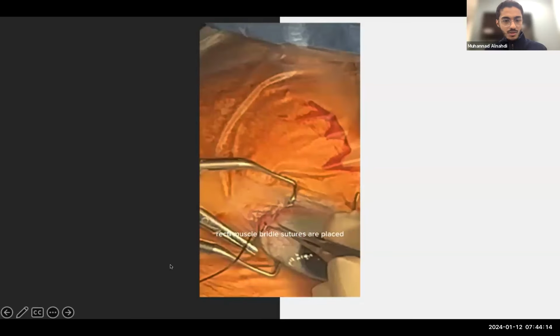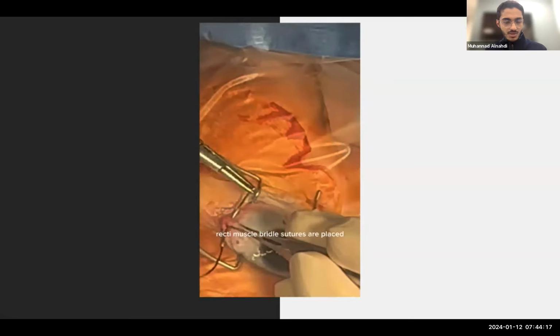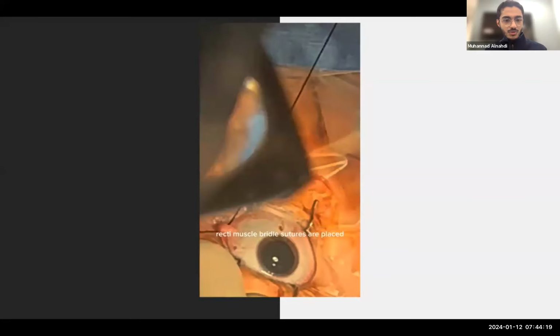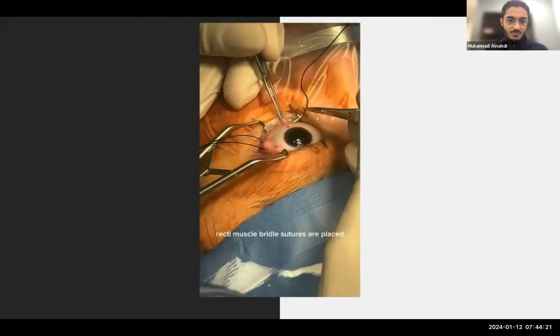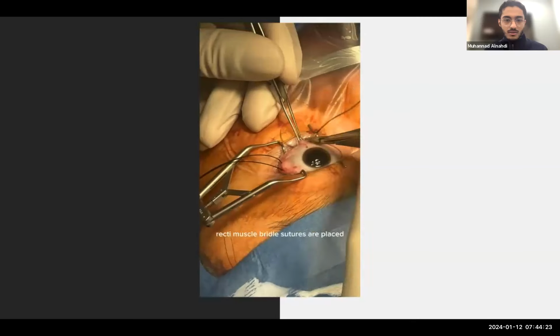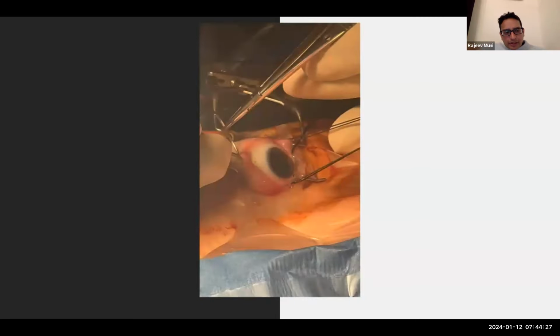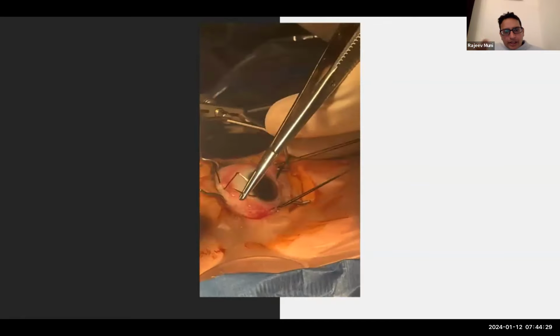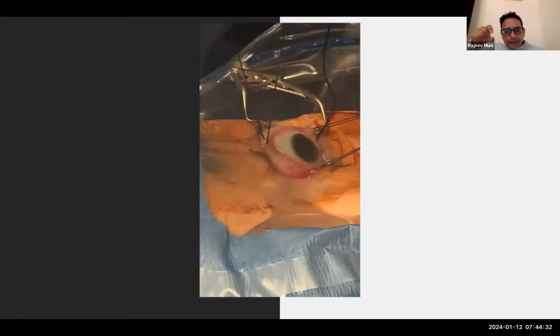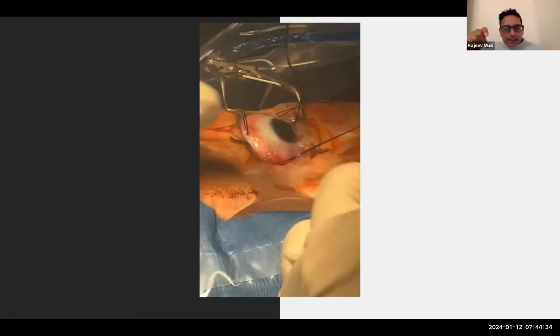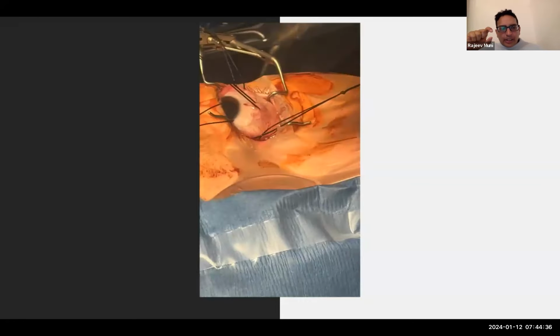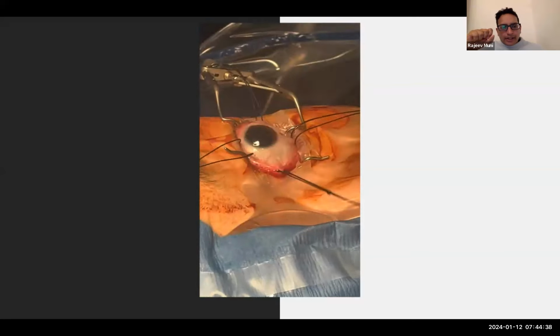So here in the beginning, we see that there is a transconjunctival approach of isolating the muscles. What we're doing here is we're just grabbing the muscles with a forceps transconjunctivally and lifting the muscle up and trying to pass the suture with the needle on, the 2-0 silk suture, underneath the muscle.